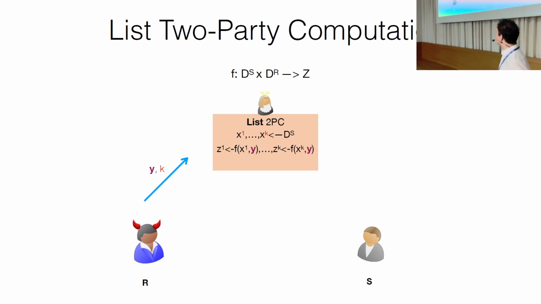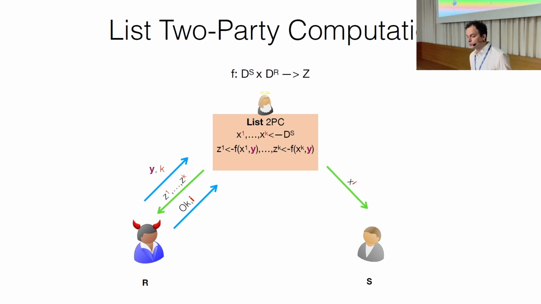The functionality now evaluates the function on the input of the receiver and on every input that has been randomly generated, and delivers all the possible outputs to the receiver, who now again says, I really like the ith output. Let's force this one. Let's deliver this to the honest sender.